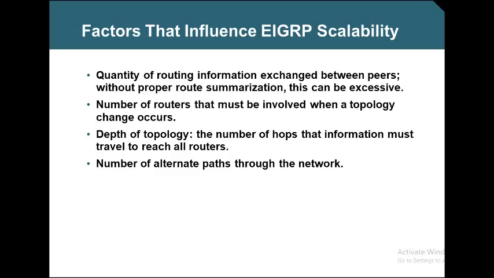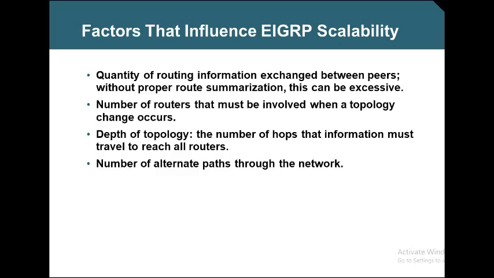Usually when we don't summarize, the number of routers that get disturbed when a topology change occurs will be too many. When you do summarization, only when all the networks go down will the summary route go down.